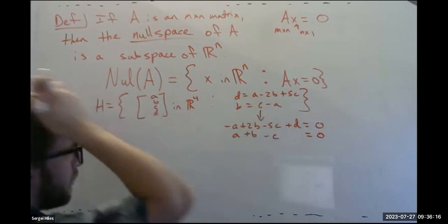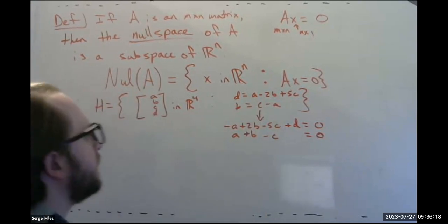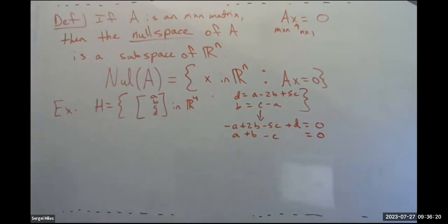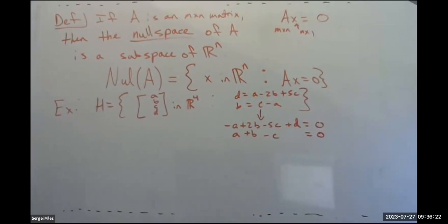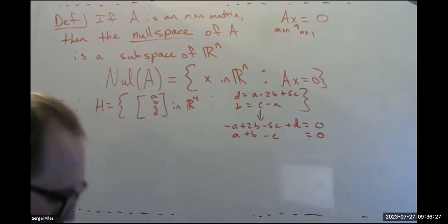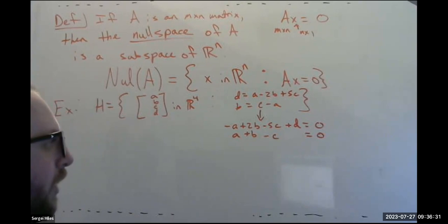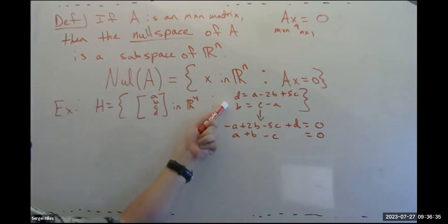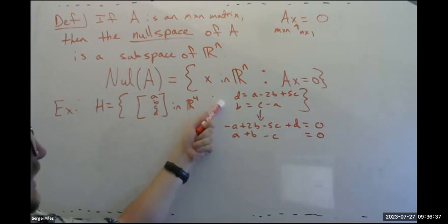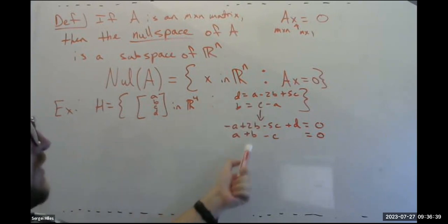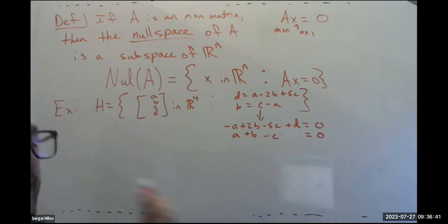I subtracted everything over. And so what's happening, the vector A, B, C, D is really a set of solutions to this equation. Well, what is this equation? This is a homogeneous system. Why? Because it's set equal to 0. Was this originally set equal to 0? No. But I can take these equations and rewrite them in a way such that now this is a homogeneous system.